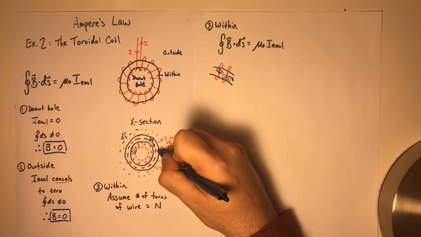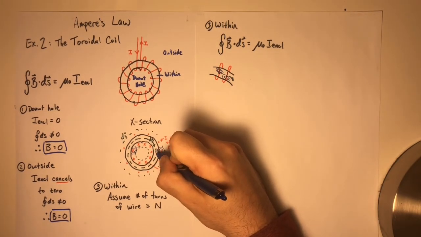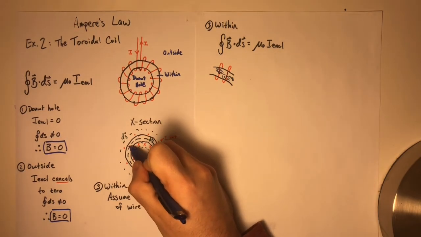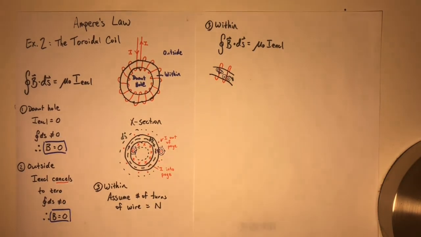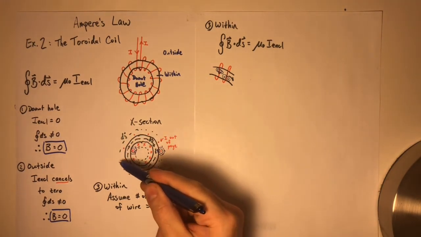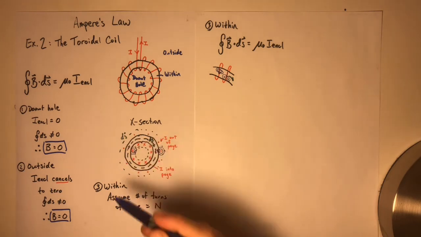And the counterclockwise lines here point that way. The clockwise lines here point that way. So all of these magnetic field vectors add up to just a magnetic field that goes in a big circle around that ring.